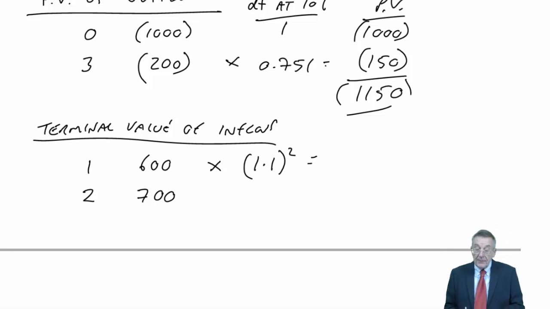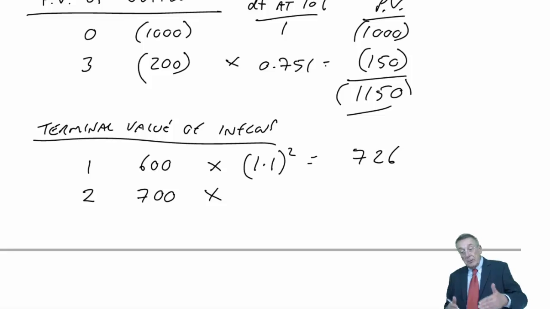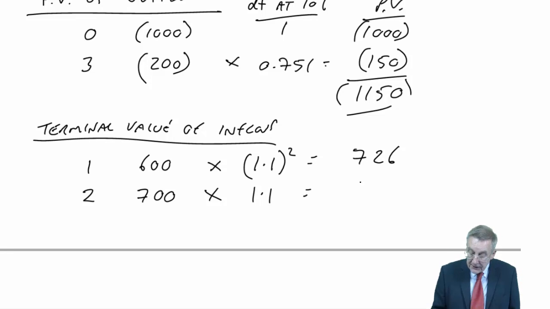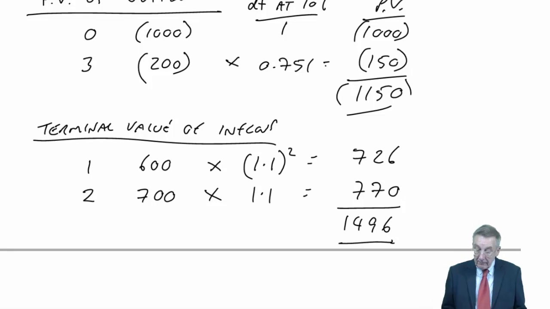So the terminal value, the value in 3 years' time of 600, is 600 times 1.1 squared, which is 726. The terminal value of 700 at time 2, well, we want the value at time 3, so there's 1 year's interest to add on, which is 770, giving a total of 1496.